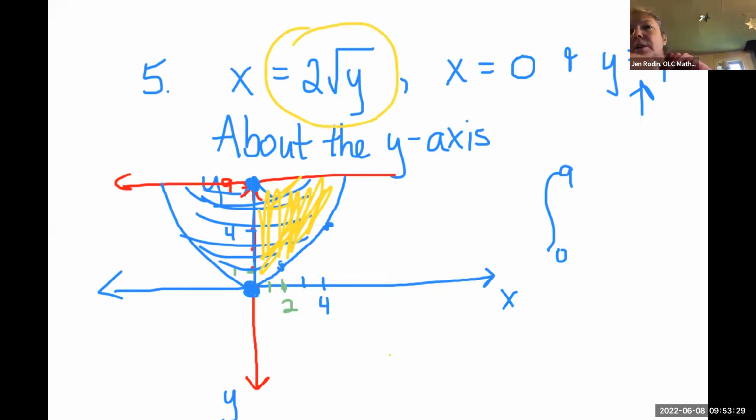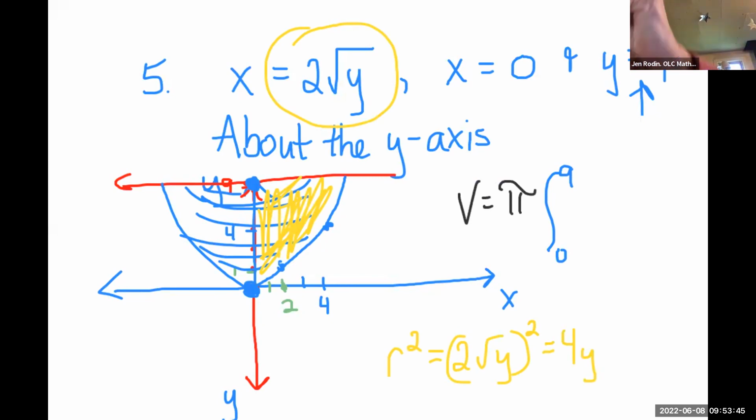So radius squared is 2 root y squared, which is a lot nicer to integrate than a radical, although we can. So the volume is pi times the radius squared. We could say minus 0. I'll just put it in there, but it doesn't really matter.